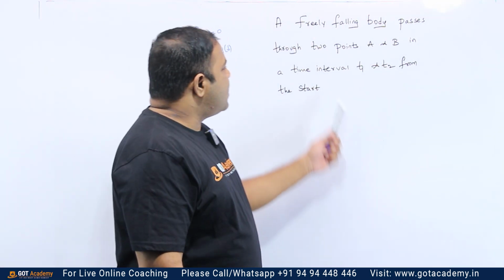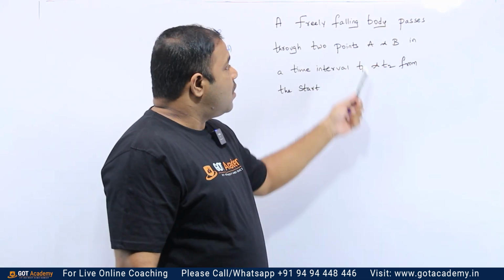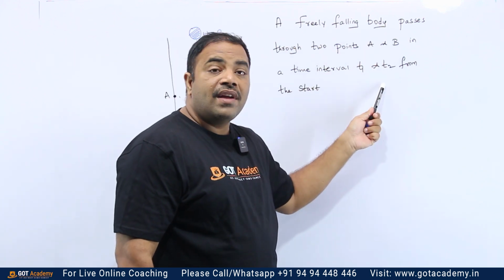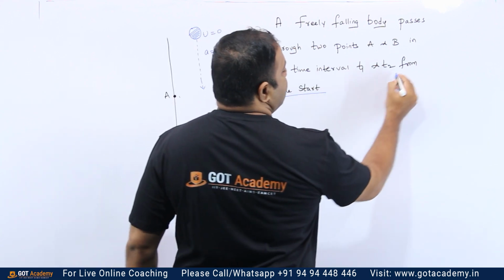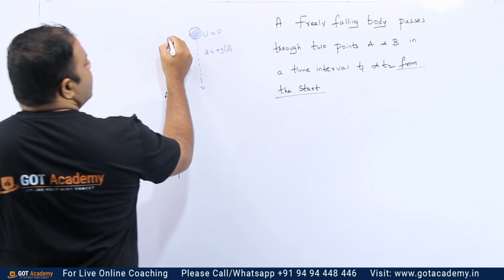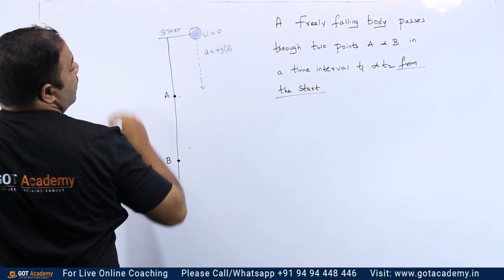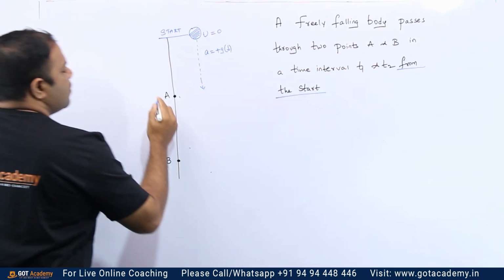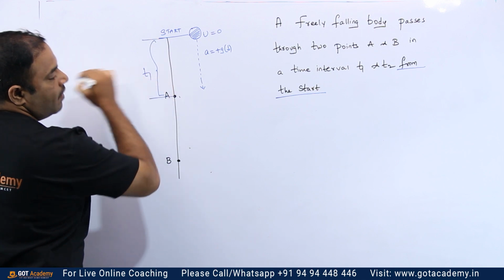So what is happening? It passes through 2 points A and B in a time interval T1 and T2. Up to point A, the time taken is T1, and up to point B, the time taken is T2. From where? That is what is important: from the start. So this is the starting position. From the start up to point A, the time taken is T1.